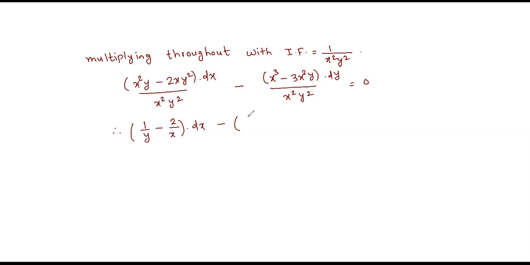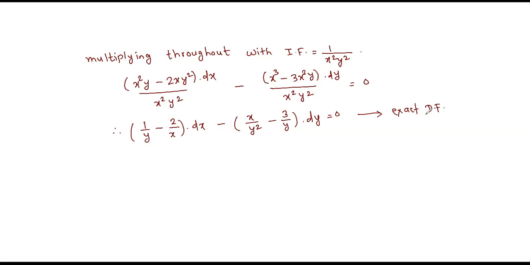It will be x upon y square minus 3x square y upon x square y square. It will be 3 upon y into dy, which is equal to 0. Now once you multiply throughout with the integrating factor, this equation becomes an exact differential equation.